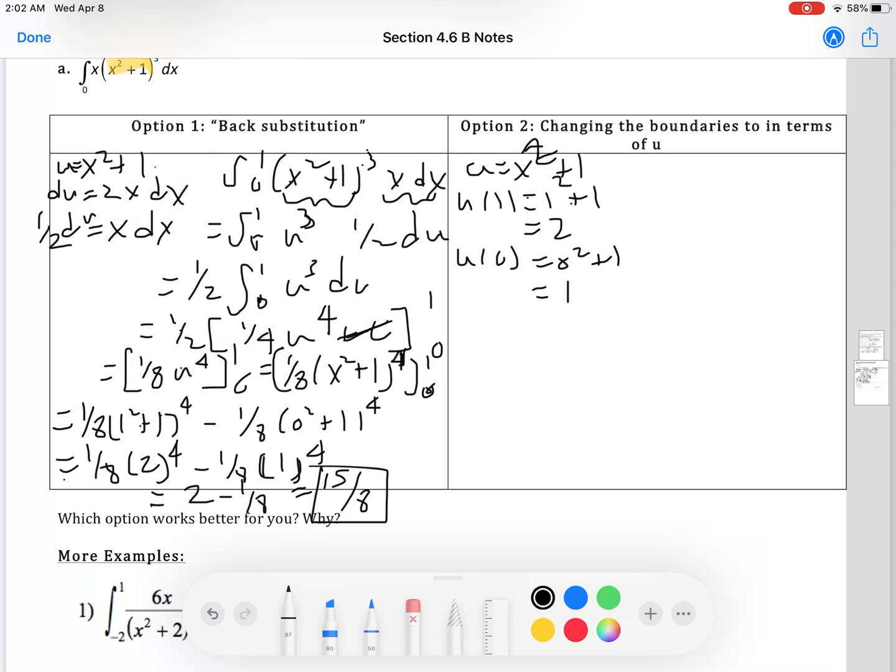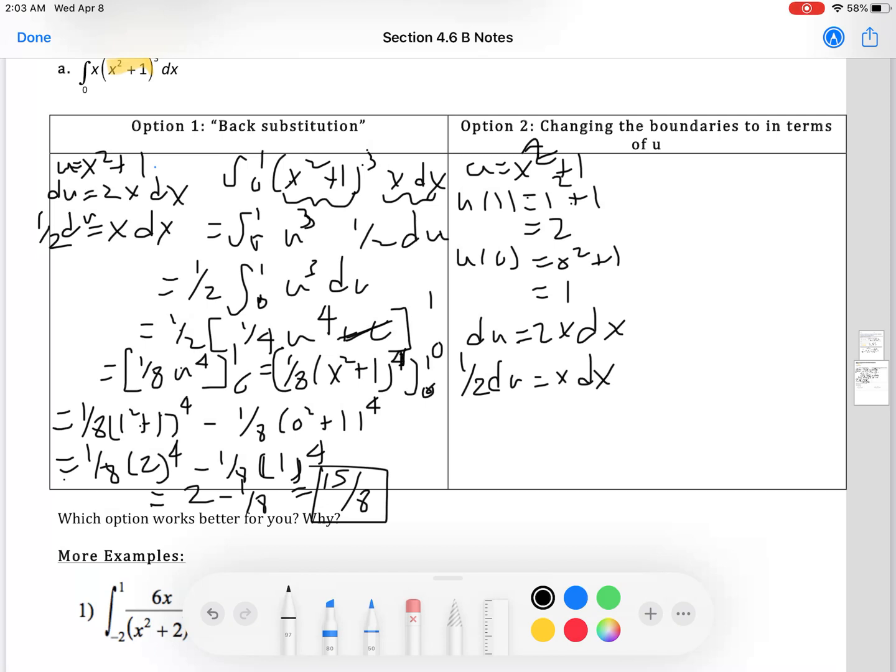And now I'm going to do my du like I did before. And then I still want to get x dx by itself. So what we did here is our scratch work.